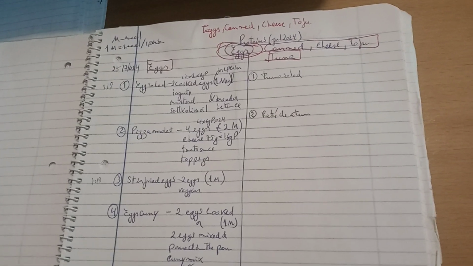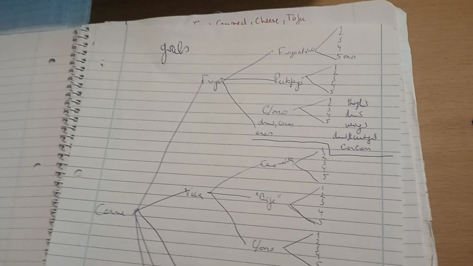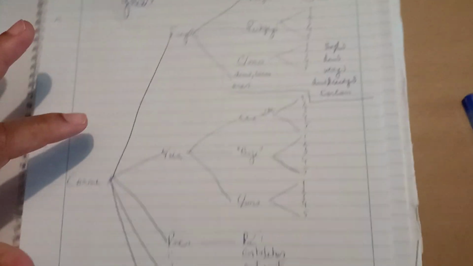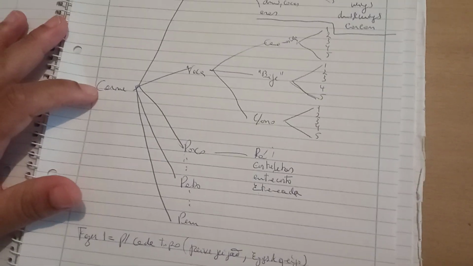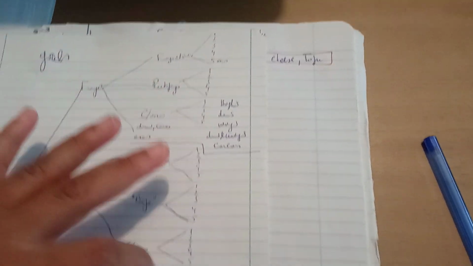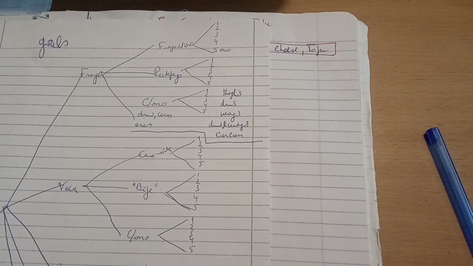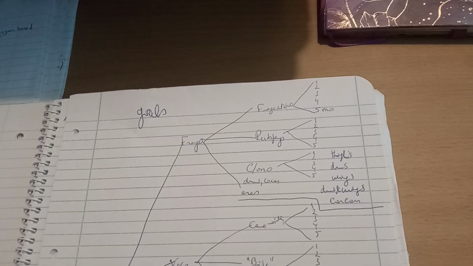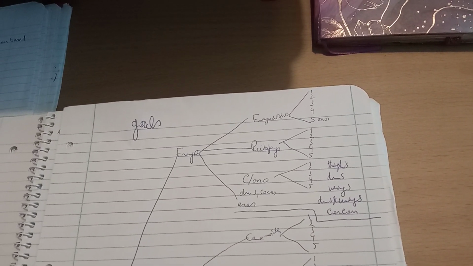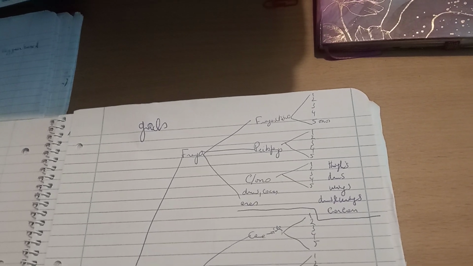But the goal is to get one of these for each protein source and to fulfill the 5 meals for each. My goal is to have the least pressure and thinking when I'm cooking.